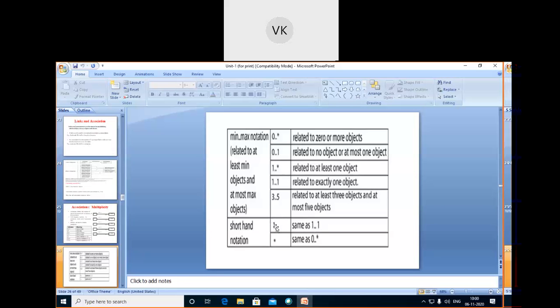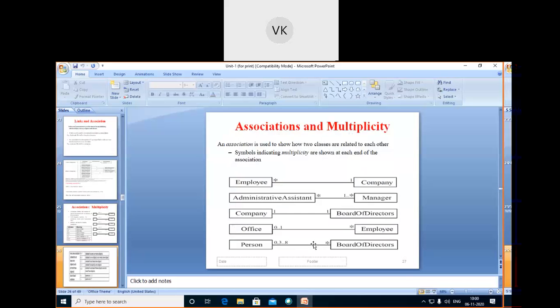If you have written only 1 above the association line, the meaning is it is related to only one object. And if you have written only star, same as 0 dot dot star. You can write like this also. The star meaning is that here it may be related to 0 also, it may be related to many number of objects also.